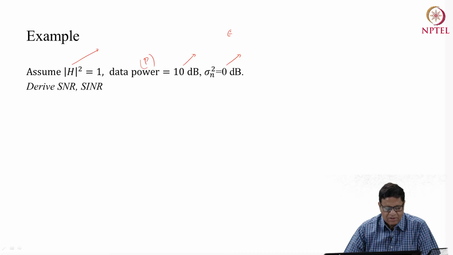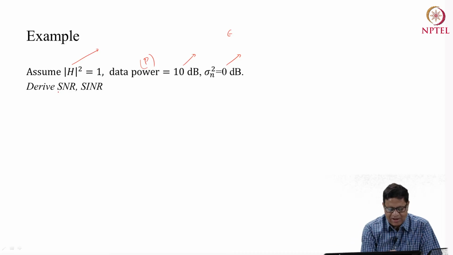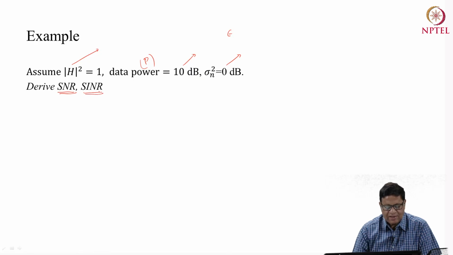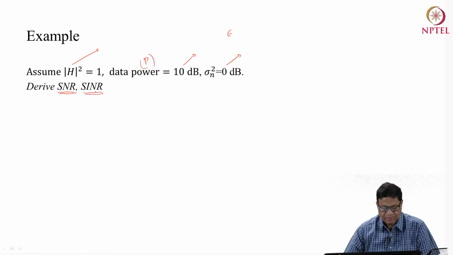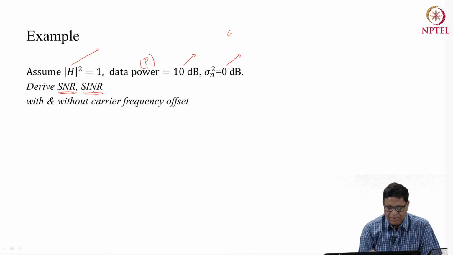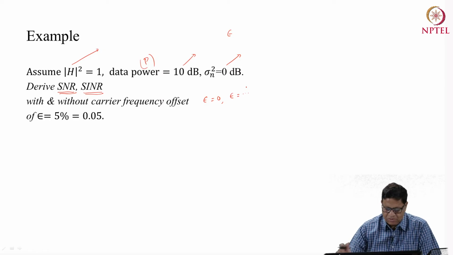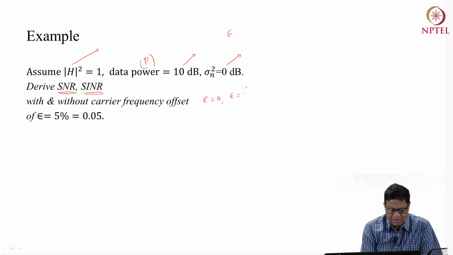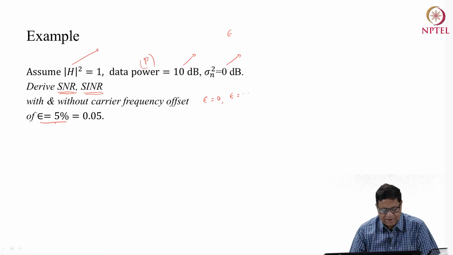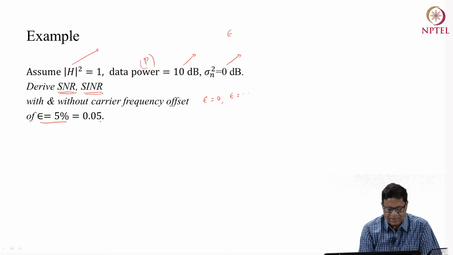So let us find out what is the value of SNR when there is no interference, and what is the value of SINR when there is interference. And we will calculate for with and without carrier offset, that is, either epsilon is equal to 0 or epsilon has some value. In this example, let us keep this epsilon as 5% or 0.05.